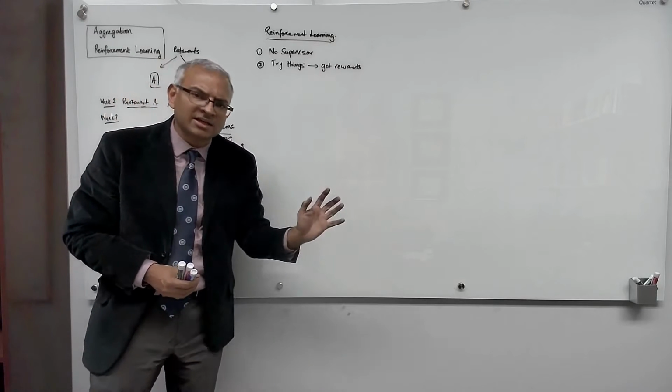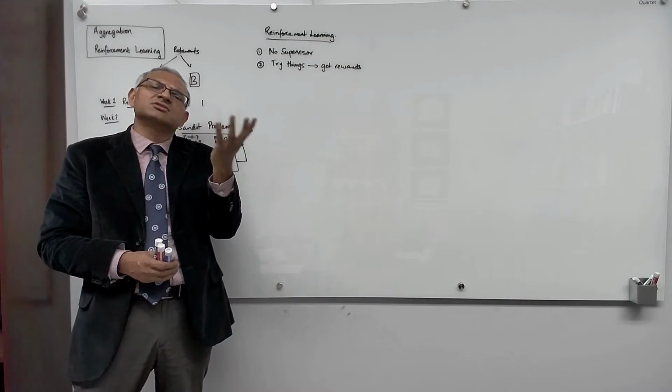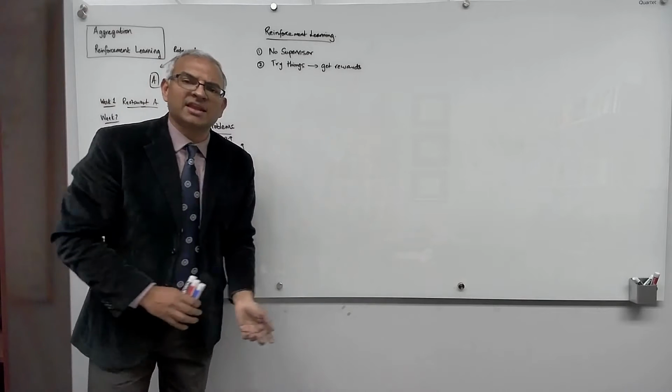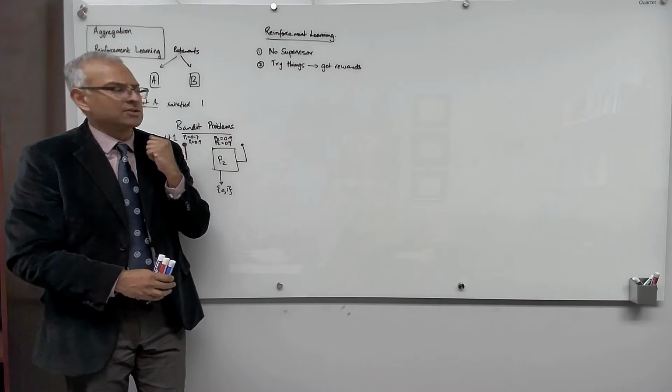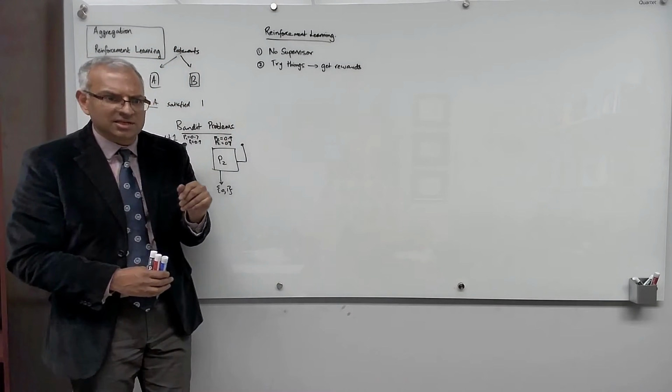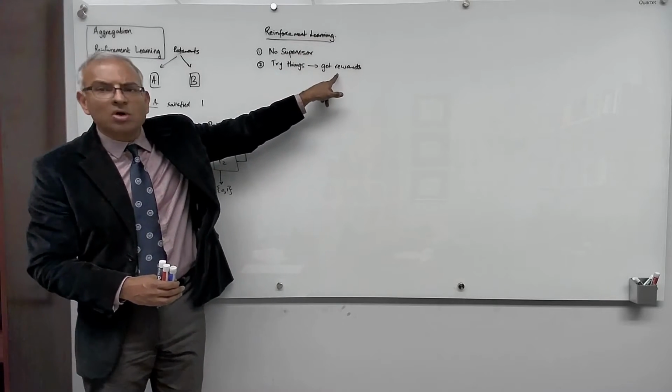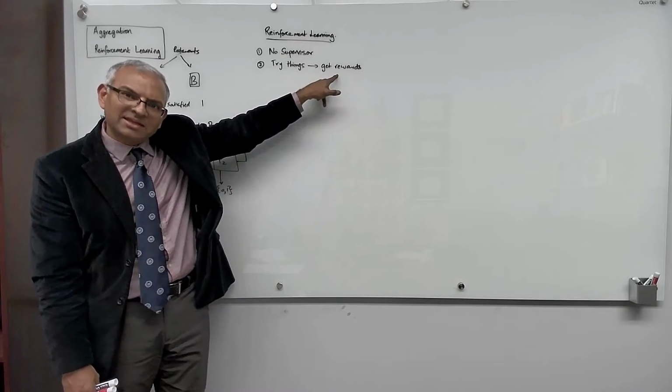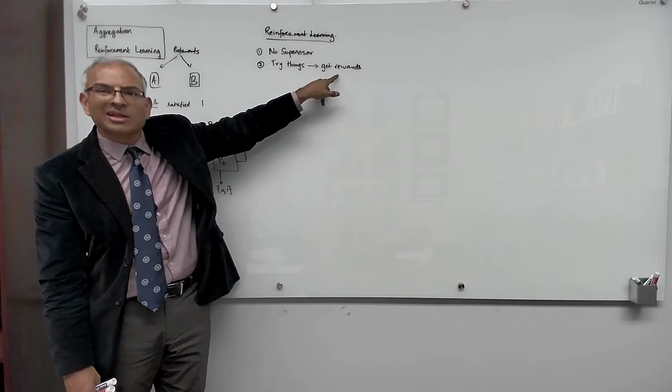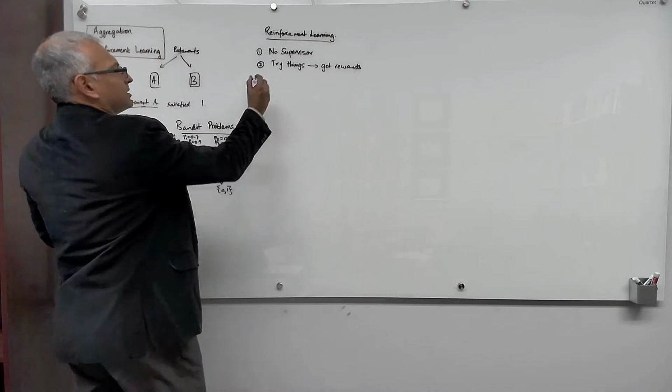Try all possible actions and then see which actions result in the largest reward, and then take that action as my final action. And so the point in the reinforcement learning setting is, as you try things, the rewards are real rewards. You feel real pain and real reward.